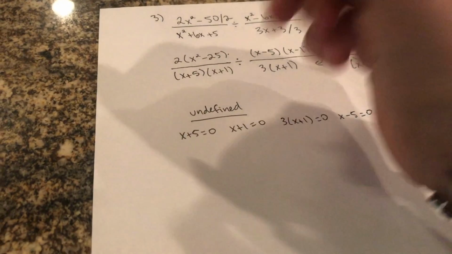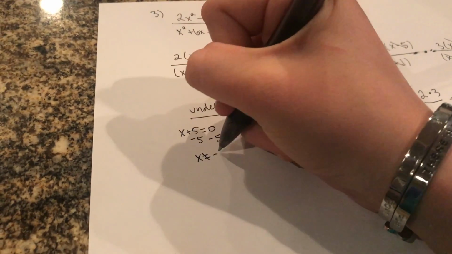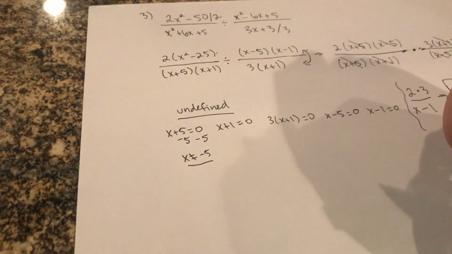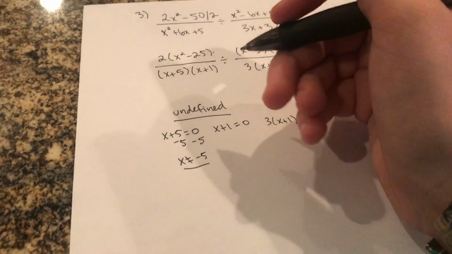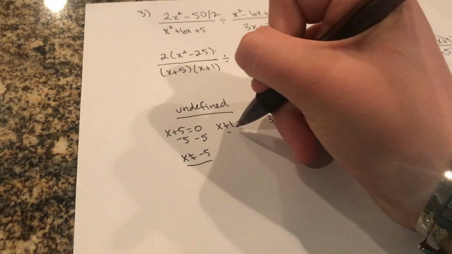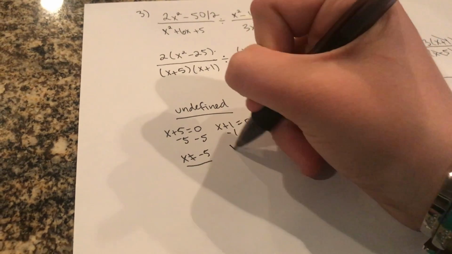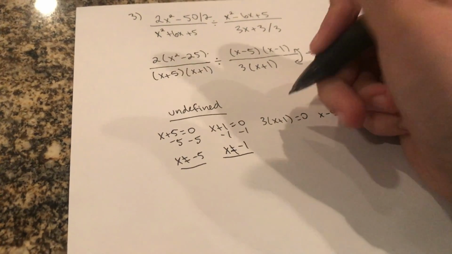So I'm just going to go through. You can subtract 5. You get x cannot equal negative 5 because that'll make the denominator undefined. And then if you have x plus 1, you subtract 1, and then x cannot be negative 1.